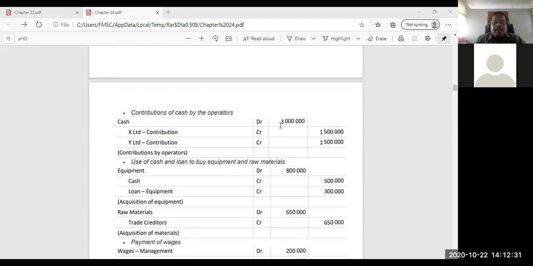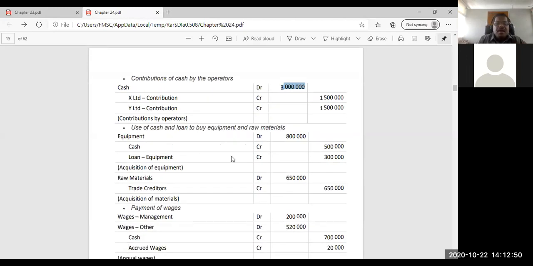Contribution by cash by the operators: cash account debit, Y Limited contributed and X Limited contributed, credited. That is in the books of the joint operation, not the books of Y and not the books of X. These are journal entries in the books of the joint operation.